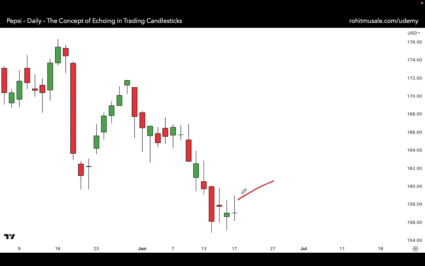Again, you have this pattern which is called a doji. If you understand candlesticks, it's a very, very powerful pattern. It has the same opening price and the same closing price. It's a reversal pattern. So what is it reversing? It is reversing the prior trend, right? You have another doji here. It's reversing the prior trend, correct?